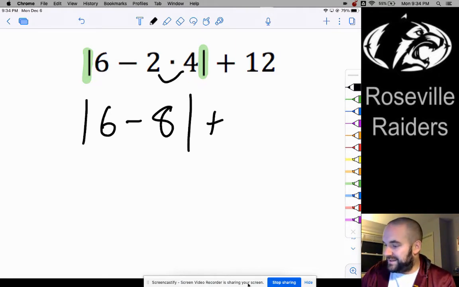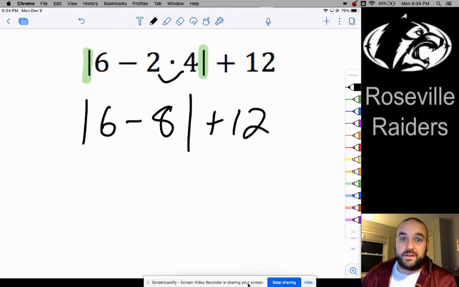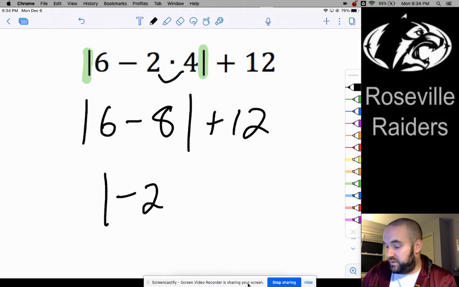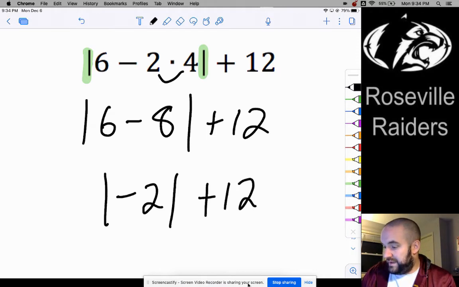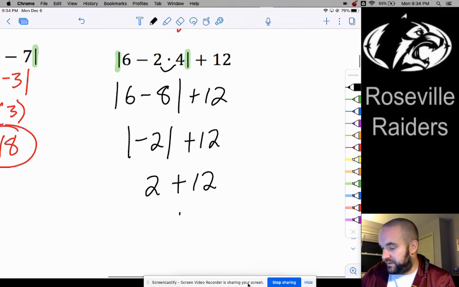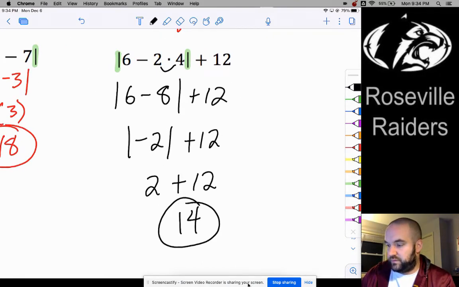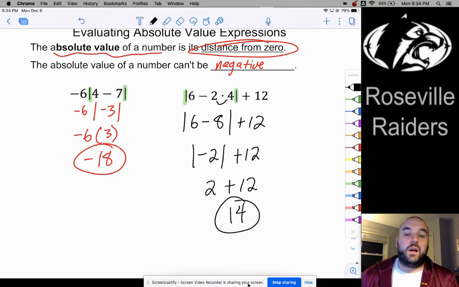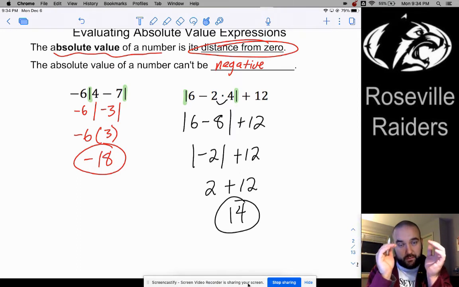I'm not ready to take the absolute value yet, because I can combine 6 take away 8 to be negative 2. The absolute value of negative 2, what's the distance from negative 2 to 0? And the answer to that is 2. And then I can add 12 finally at the end, so 14 is my simplification. So if you are evaluating or simplifying an expression that has absolute value in it, you're going to focus on that piece first and get it down to just a single number.